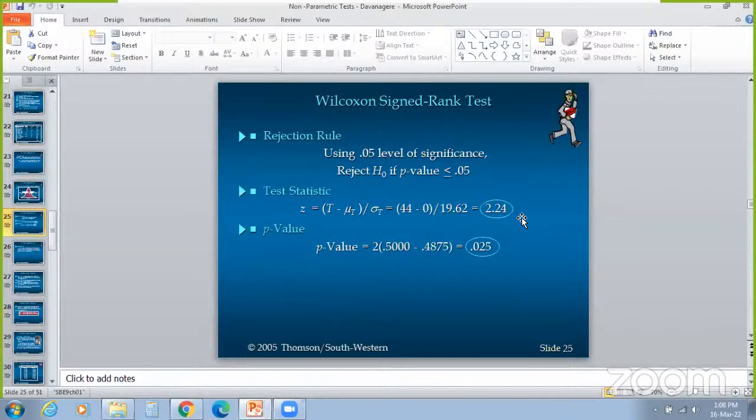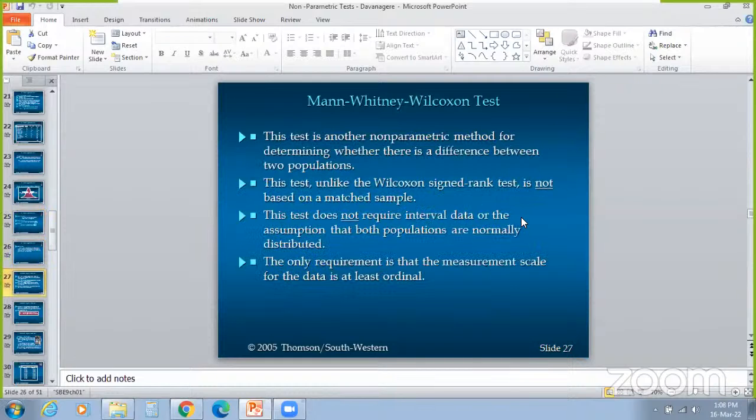That is the policy decision. Hence, the Wilcoxon signed rank test is an equivalent test, a counterpart of the parametric matched pair test. So this is about the Wilcoxon signed rank test.